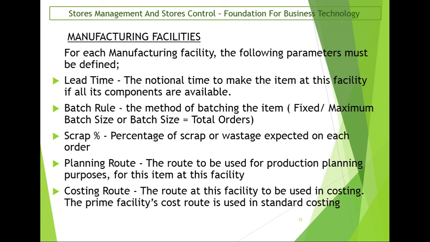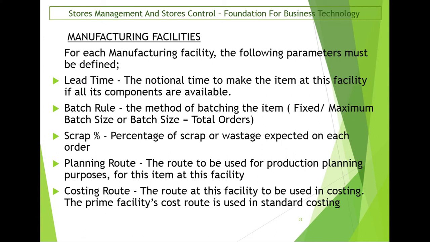So the planning route is also associated with the costing route. We are no longer considering the route in terms of what must be done there. We are now considering the route in terms of what does it cost to work at that particular workstation.